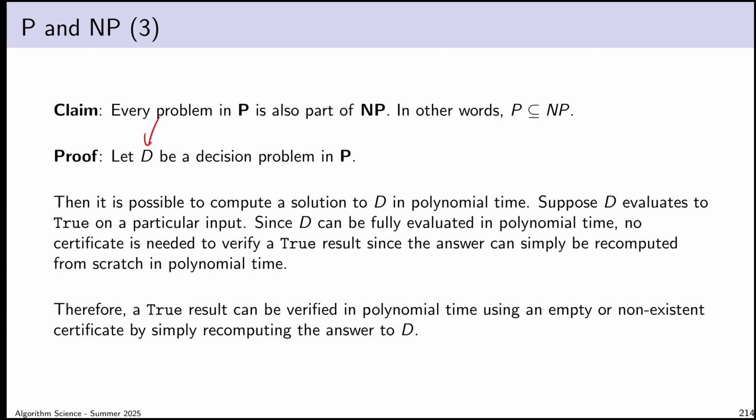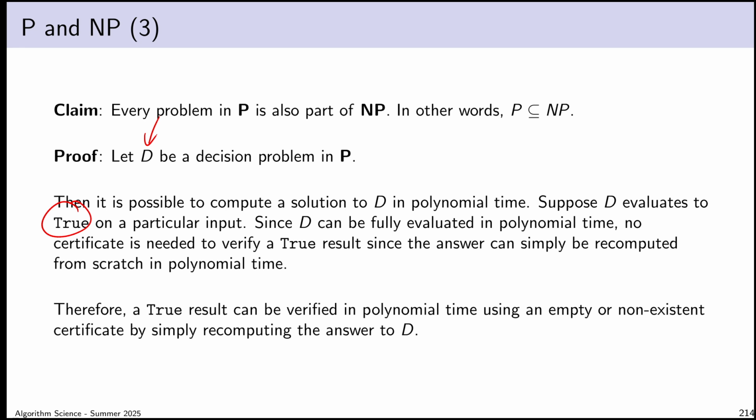Okay, so let's let D be some problem in P. The fact that D is in P means that it's possible to compute a solution to D in polynomial time. Now let's demonstrate that the problem D is in NP. To do that, I have to show that if D evaluates to true, there is an easily verifiable certificate that can be verified in polynomial time.